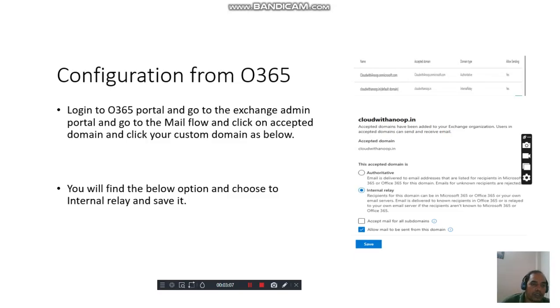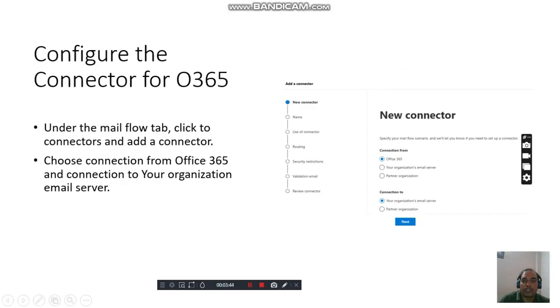Email for unknown recipients is rejected. The second option is Internal relay: recipients for this domain can be in Microsoft 365 or O365 or your own email servers. Email is delivered to known recipients in Office 365, or is relayed to your own email server if the recipients aren't known to Microsoft 365 or Office 365. So we have to choose the Internal relay option and save it.